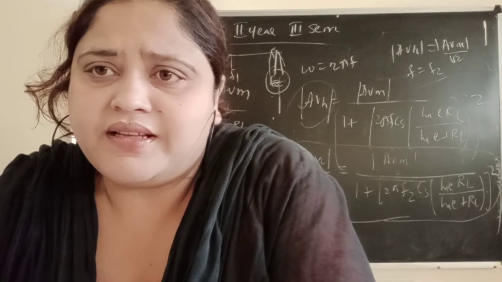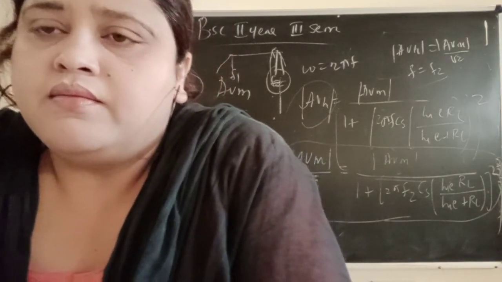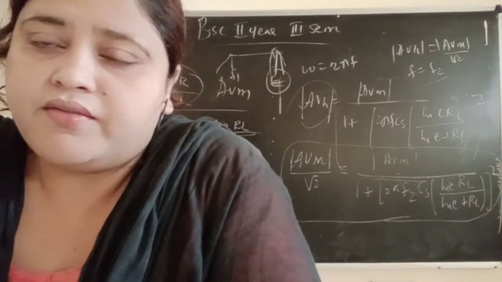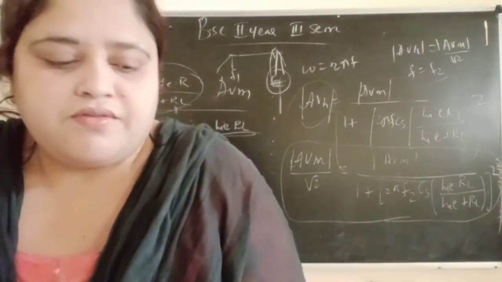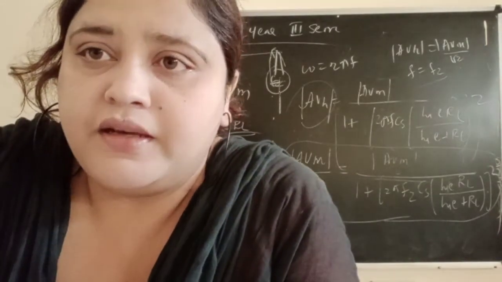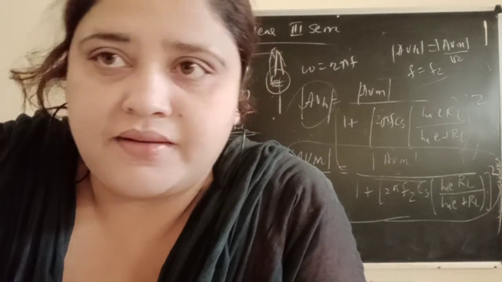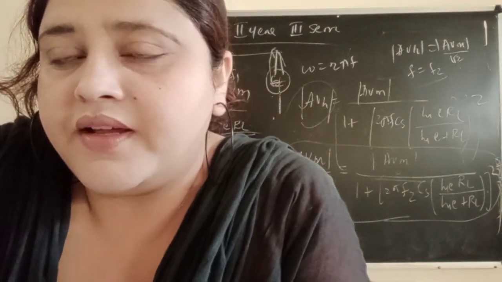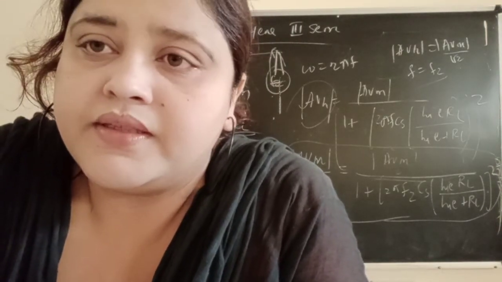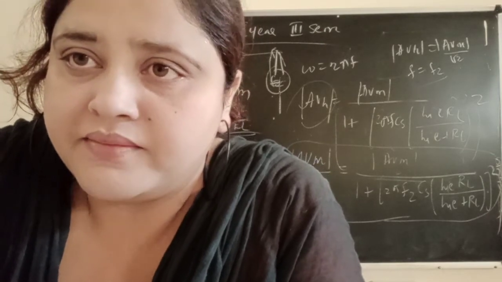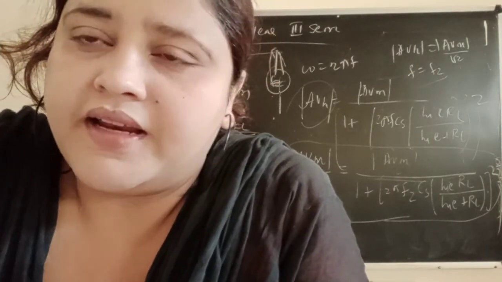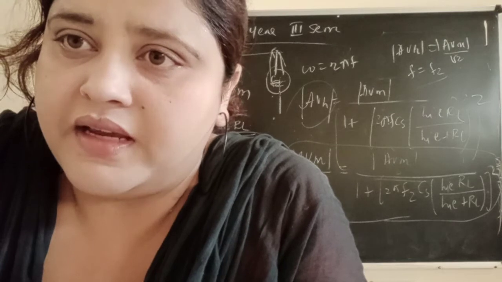So we have written the equation for that. Then we have calculated the value of I2. After that we went for output, input, then AVL. After AVL we have done mod for that AVL. We substituted the value of omega. After that directly we went for the equation of AVL.